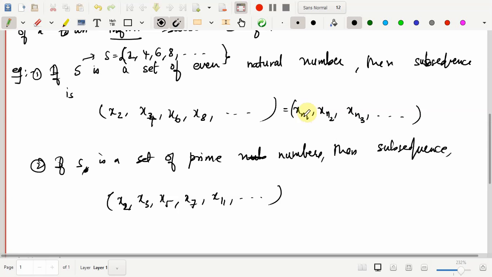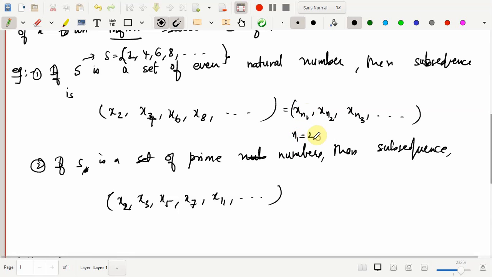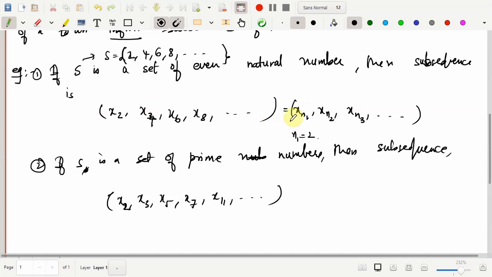Now in this case, just look at this. n1 is equal to 2, and your k is equal to 1. So just relate this n1 with 1. Then again you will see this n2.